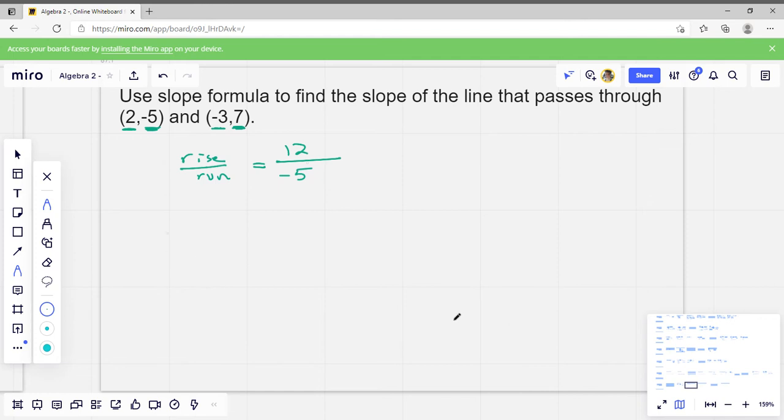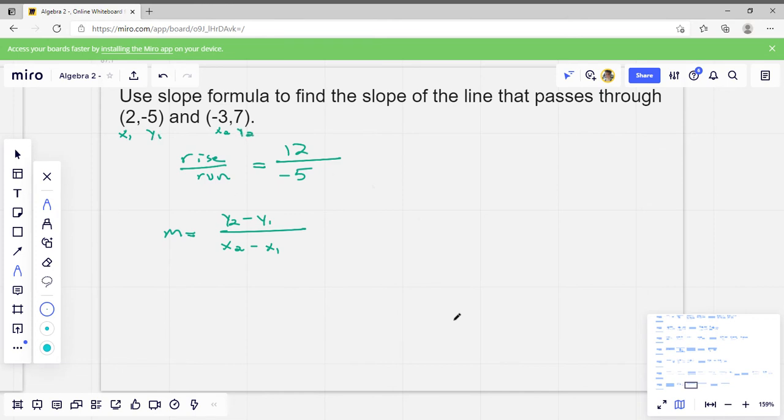If we use slope formula, we would say m equals y2 minus y1 over x2 minus x1. We'll label these: x1, x2, y1, y2.